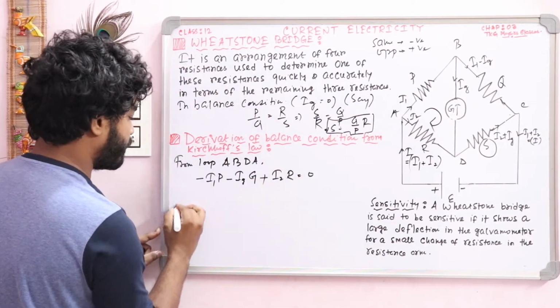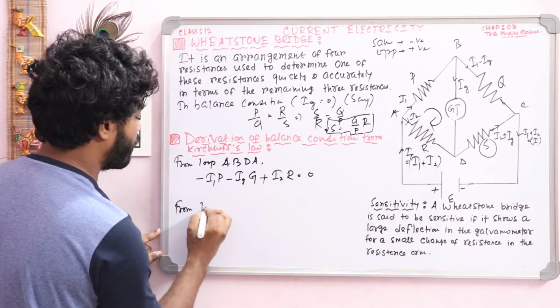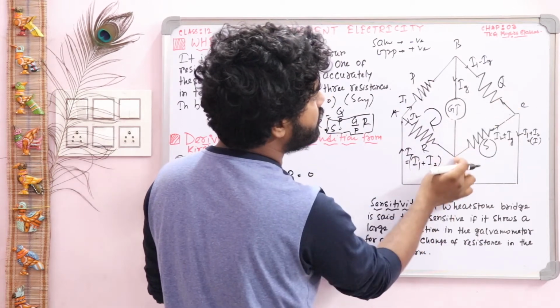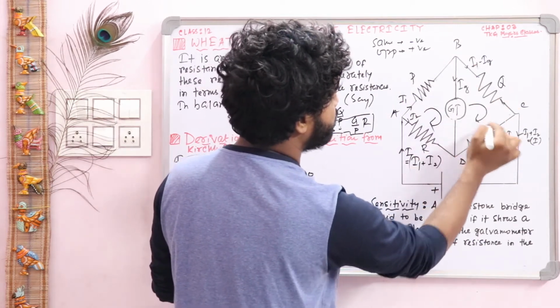Now you consider another loop, B, C, D, B, in the same clockwise direction.